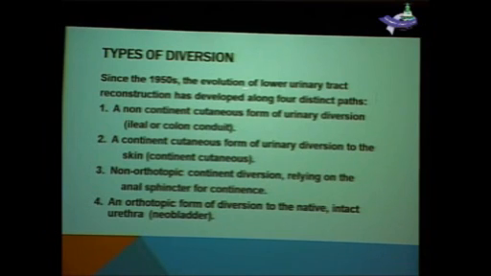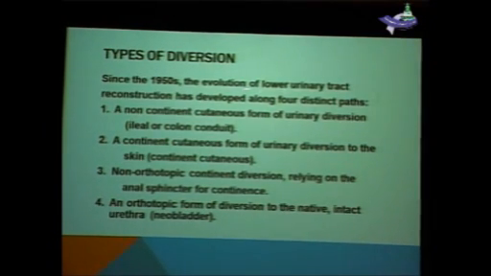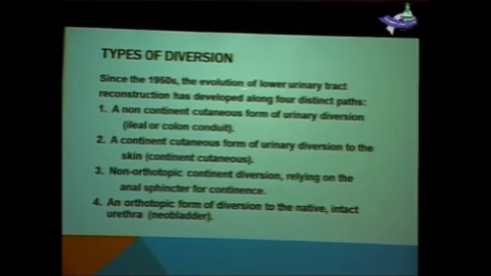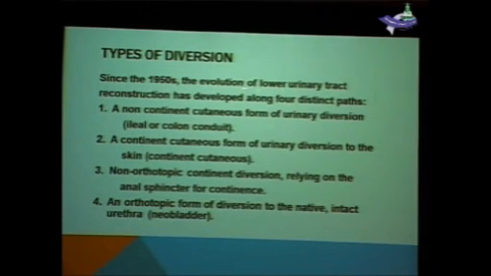Types of diversion, there are many types. Since the 1950s, the evolution of urinary tract reconstruction has developed along 4 distinct pathways. So we divide the use of bowel segments into a non-continent cutaneous form of urinary diversion, such as ileal conduit, which is non-continent.